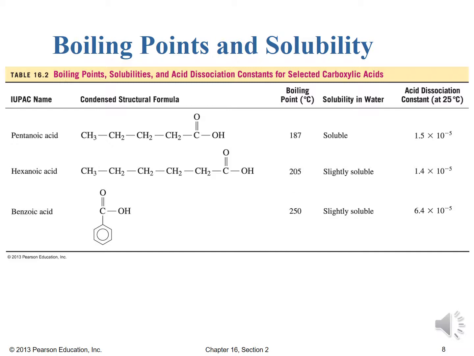The aromatic helps to give it a fairly high acid dissociation constant compared to everybody but methanoic acid. So there we have some trends. Again, boiling point continued to increase along with molecular mass, but water solubility went down, and acid dissociation sort of was spotty at best.